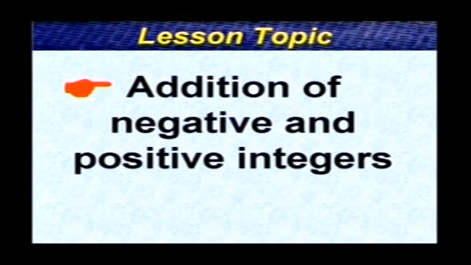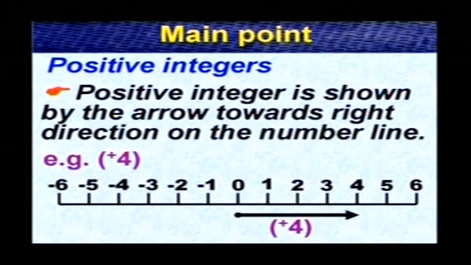Now receiving students and 7, before we go into our lesson for today, I would like to highlight some of the main points that we should know when we are adding positive and negative numbers.